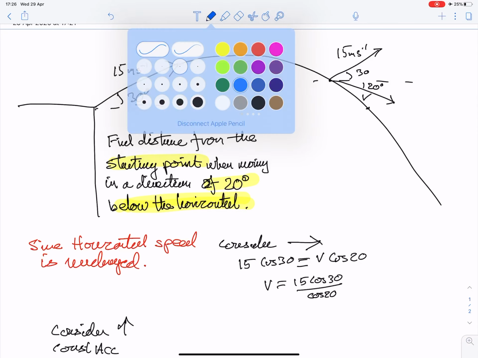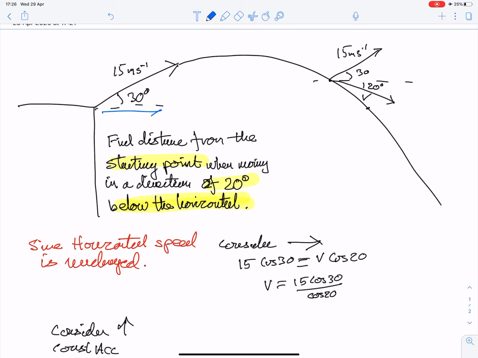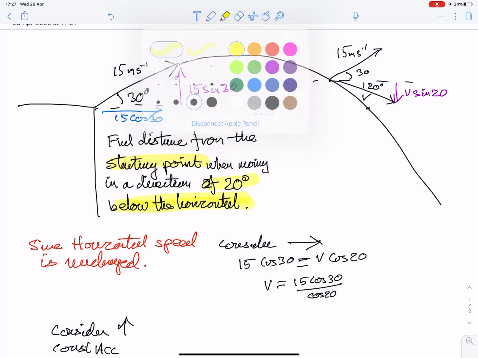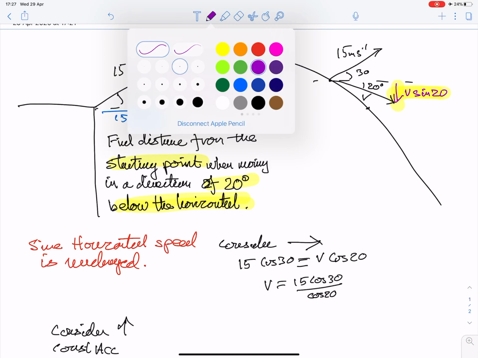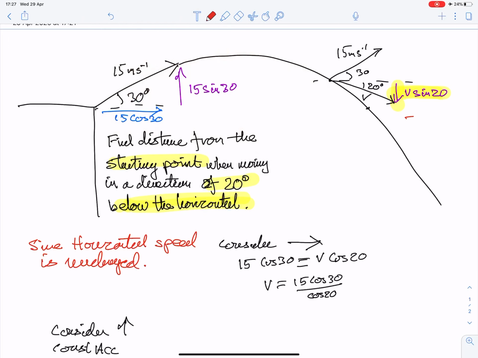If we first do all the horizontal components, well, we know what that is, 15 cos 30. So the vertical component here is 15 sine of 30. And the vertical component here will be v sine 20. Taking note, and common error, this is downwards. So this is going to be negative later.